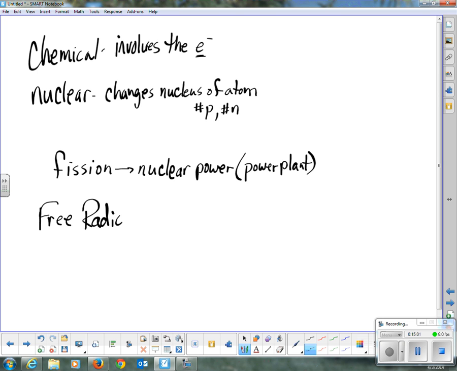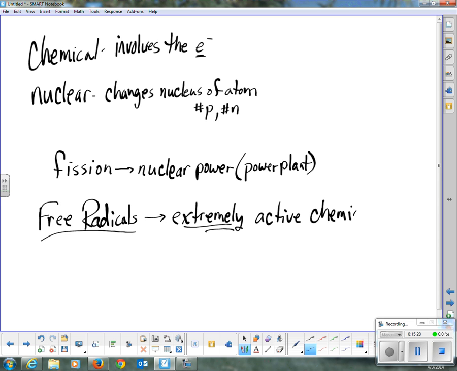And when free radicals occur because of radiation, they are very dangerous because they're extremely chemically active. In other words, they will react with anything they come in contact with, which is not necessarily good. They cause some bad things.